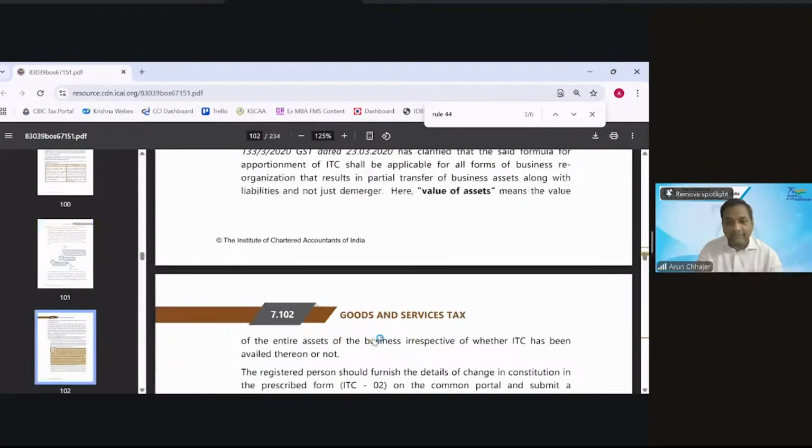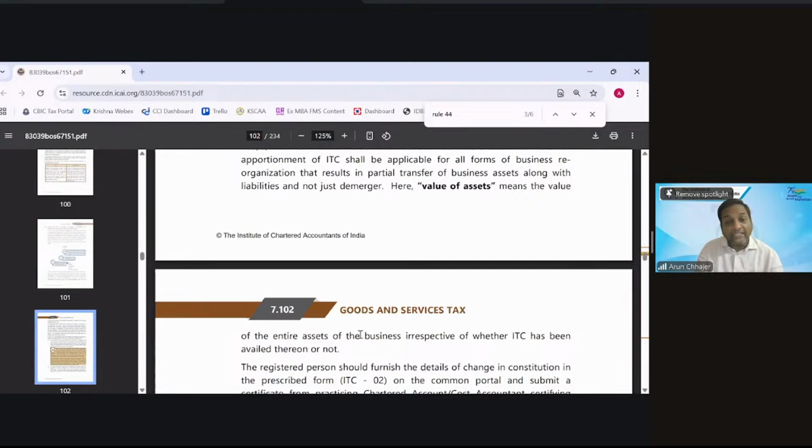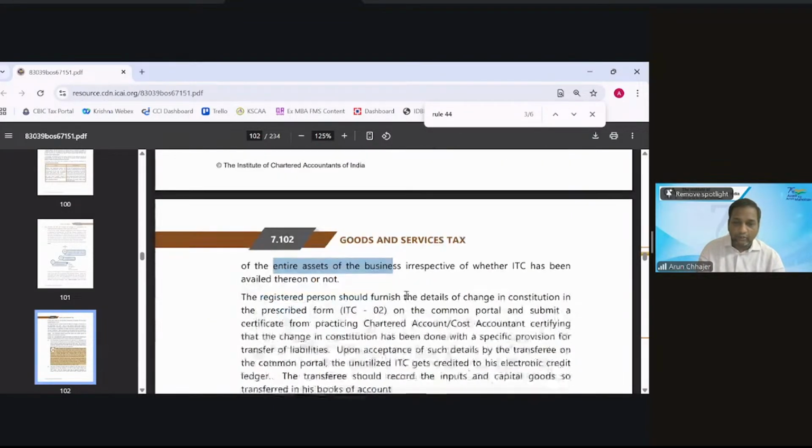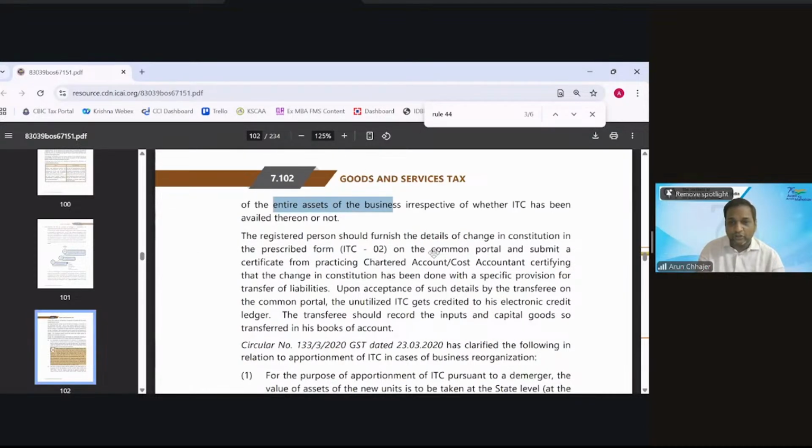Here the value of the asset means value of the entire asset of the business, irrespective of the ITC has been availed or not. A registered person shall furnish the detail of the change in the constitution in ITC 2, submit the certificate from the practicing CA or cost accountant.